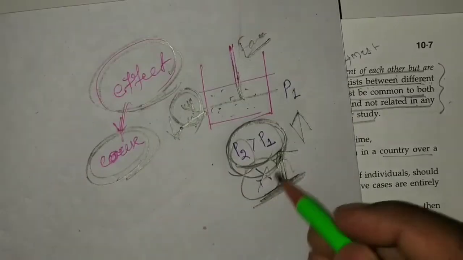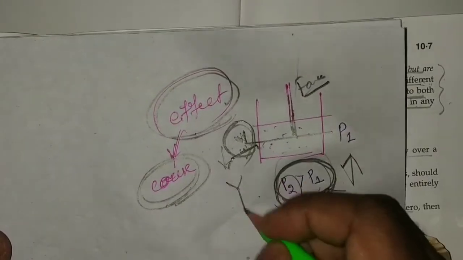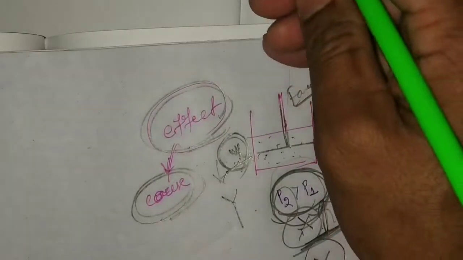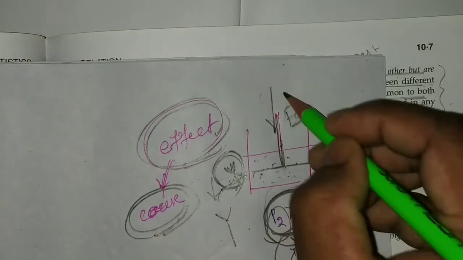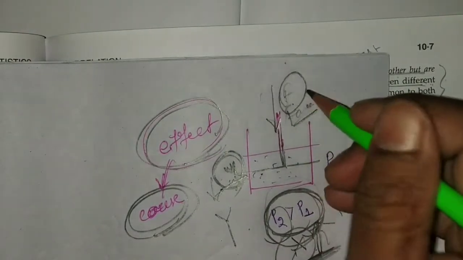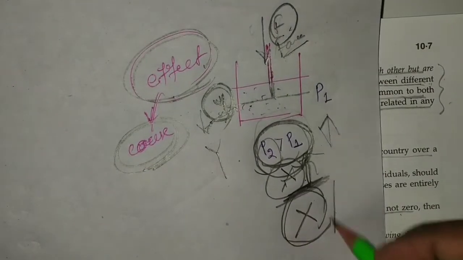So if I take pressure as random variable x and volume as random variable y, and I give the force from the top side, this common force at a time increases the pressure and decreases the volume.